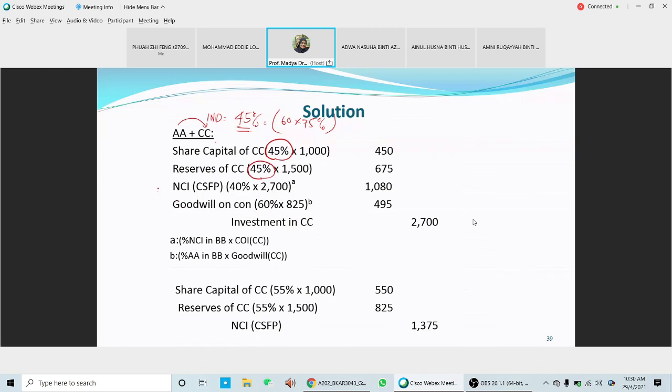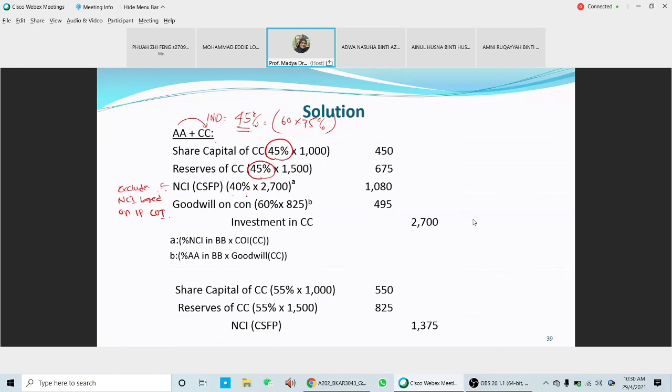Now we're going to look at the NCI here. We said that we need to exclude the NCI based on the intermediate parent. IP is the intermediate parent, COI.